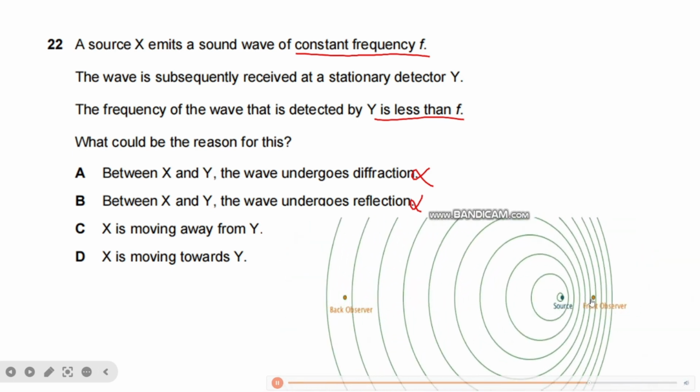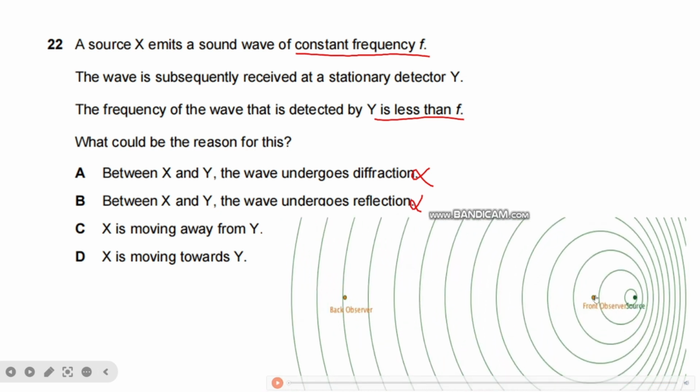When it is leaving, the frequency is less, which means the observer receives a frequency less than f, meaning the object emitting the sound waves is moving away from Y. So the correct option will be option C.